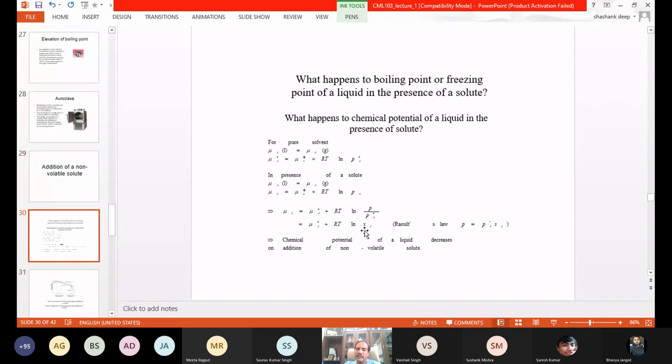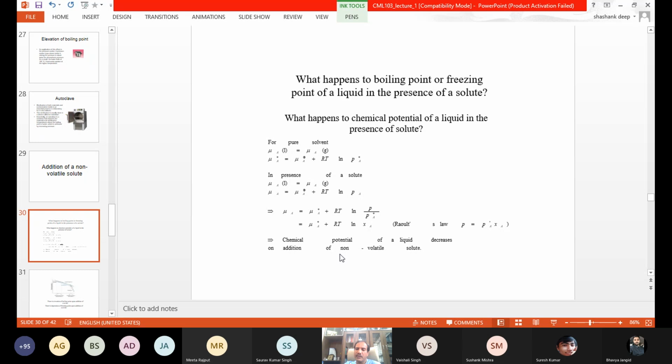Since the mole fraction is always going to be less than 1, this quantity is negative, and so the chemical potential or gas free energy of a liquid decreases on addition of a non-volatile solute.